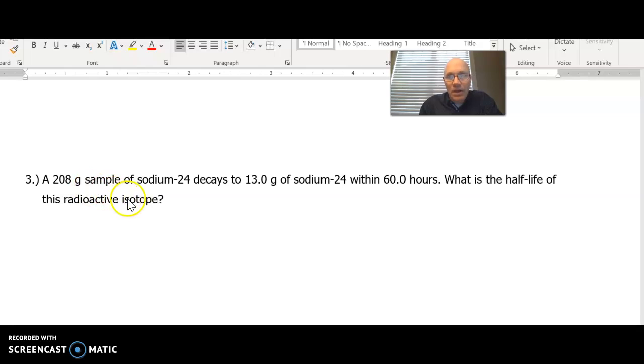All right, this problem right here, we've got a 208-gram sample, and it decays to that amount, 13.